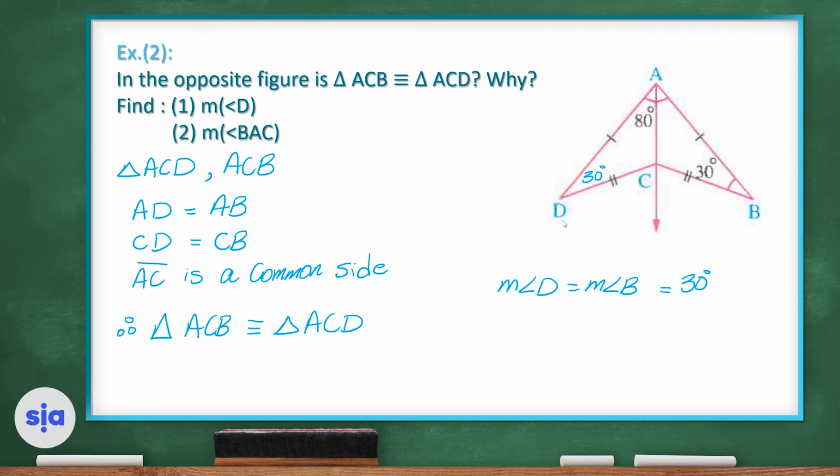And for sure, this angle is also 80 degrees. How can we find the measure of angle BAC? The measure of angle BAC is equal to the measure of angle DAC, which is 80 degrees.